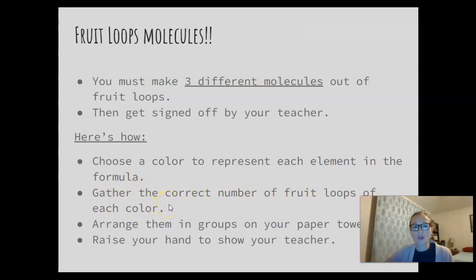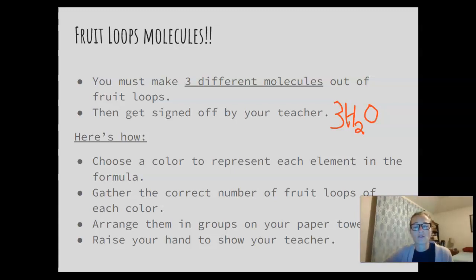So let's say we're going to do that. Here, I'll write one on here. Let's say we're going to do this 3H2O. You can laugh at how bad I'm writing with a mouse. Okay, so if I'm going to make 3 H2O, then I need a color for H's and a color for O's. 2 colors.